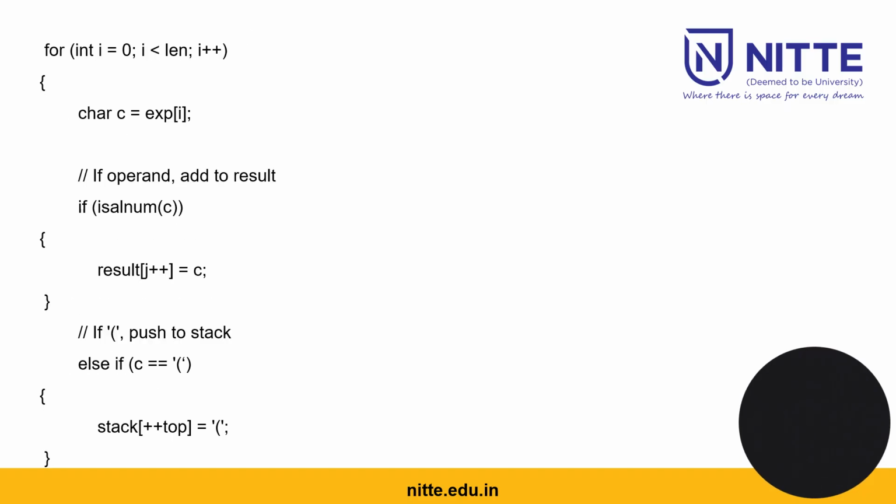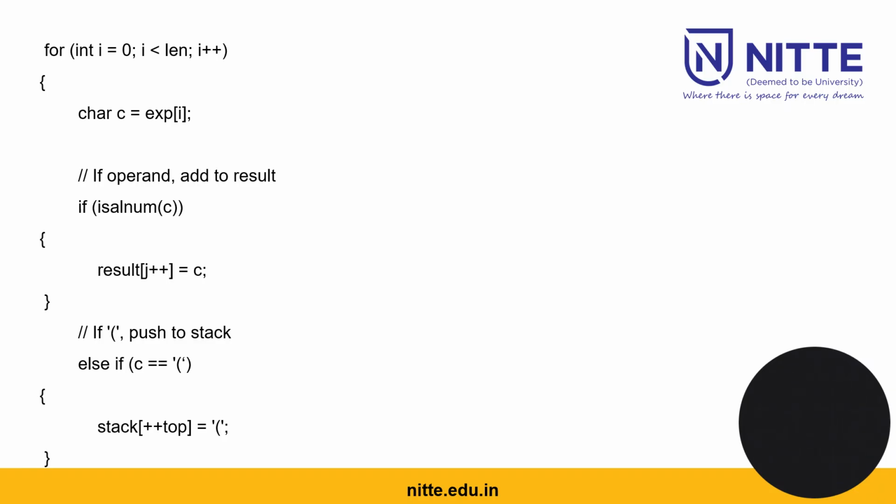Then we will go to this for loop and it will start with i equals 0 and i is less than the length, and i plus plus. What will I do? I will take expression of i, that is expression of 0, because the i value is 0.